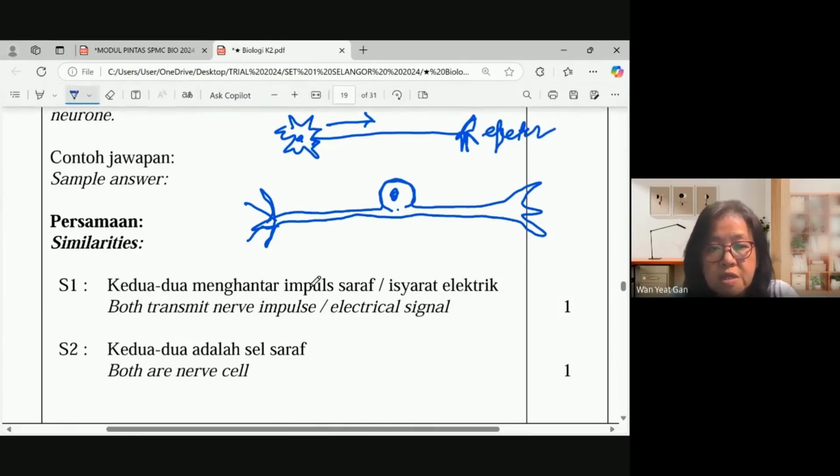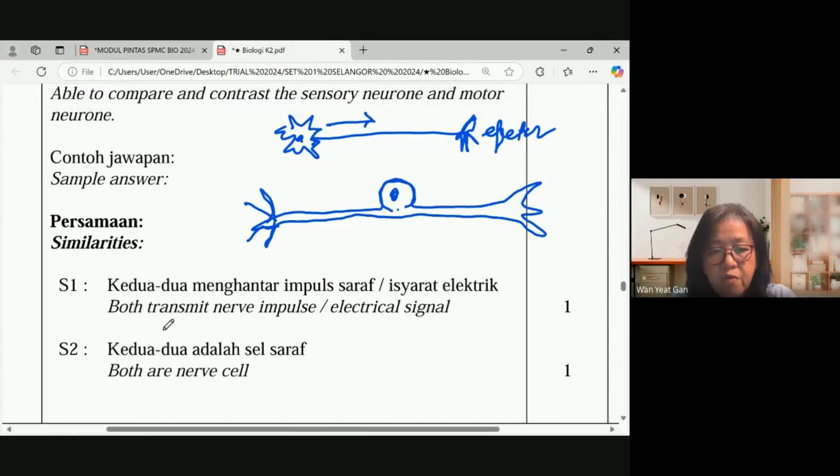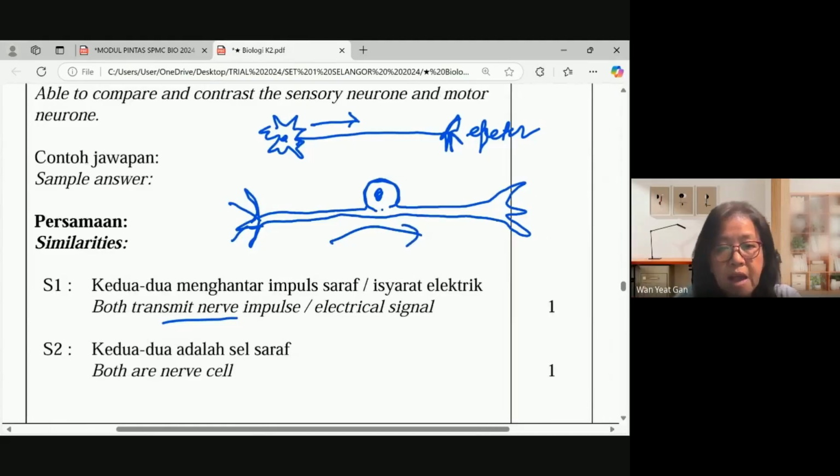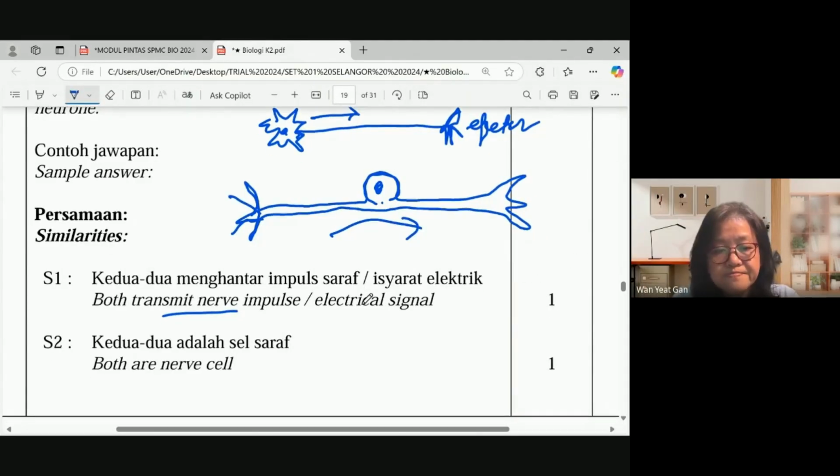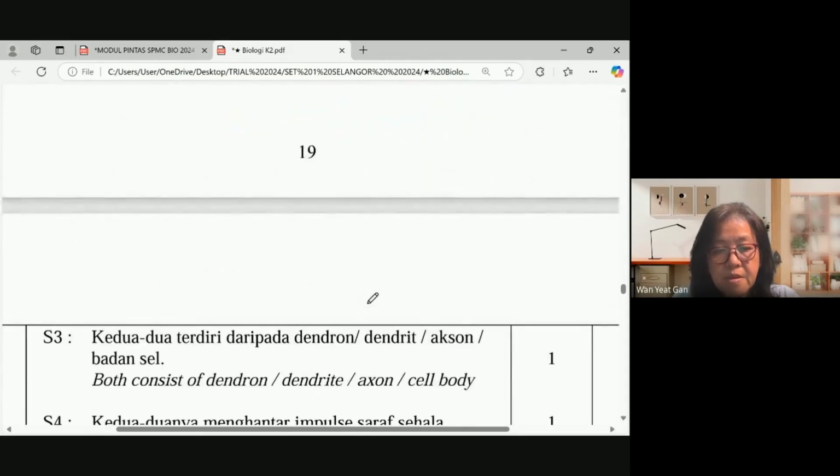Okay, so in terms of similarities, both can transmit nerve impulse, and both are nerve cells. Both consist of dendrite, axon, and cell body.